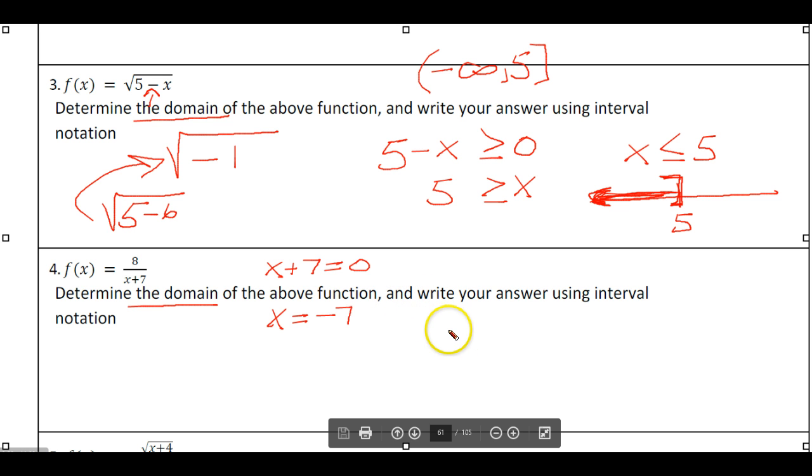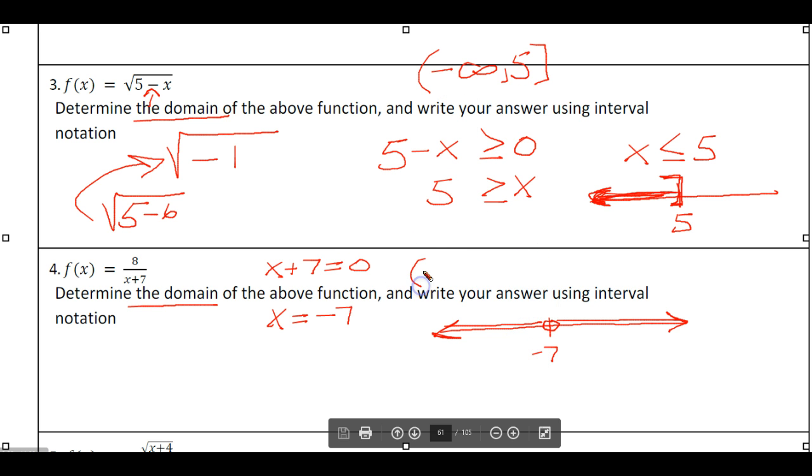So what do we have? Well, you can have any real number, so all numbers on the number line, but when you get to negative 7, you cannot include it. So we darken this, and this would be the number line graph of the domain, but they wanted an interval notation.